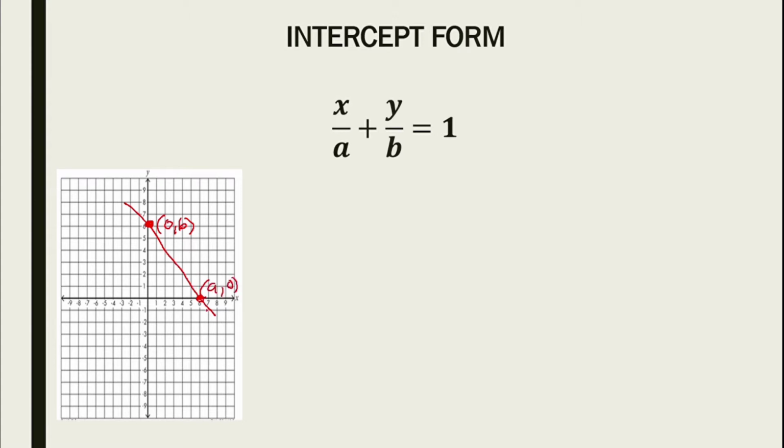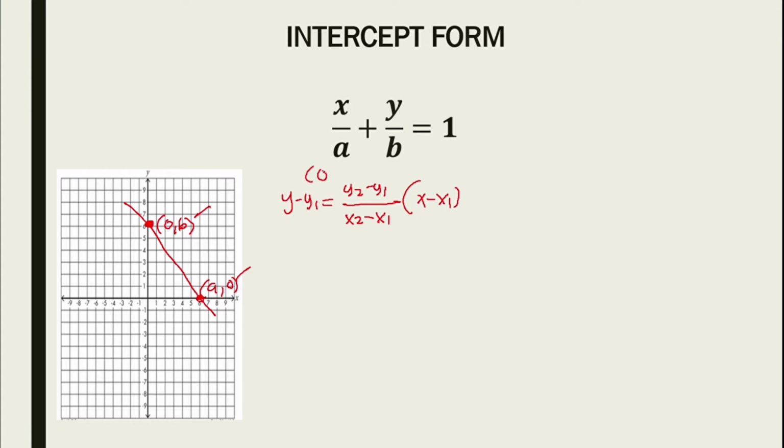Since it passes through the y-intercept and x-intercept, we could form the two-point form. By the use of two-point form, y minus y sub 1 is equal to y sub 2 minus y sub 1 over x sub 2 minus x sub 1 times x minus x sub 1, we could find the intercept form here.